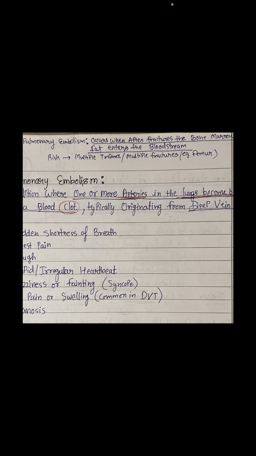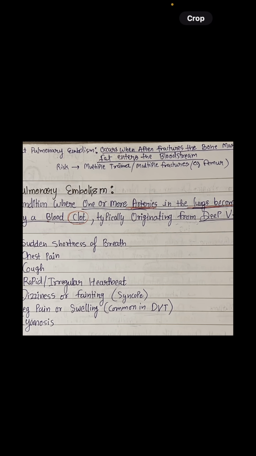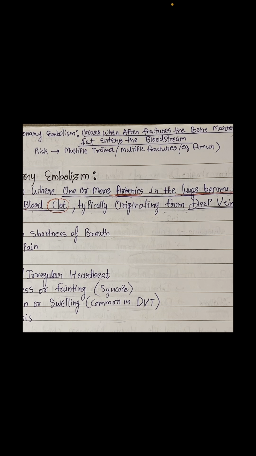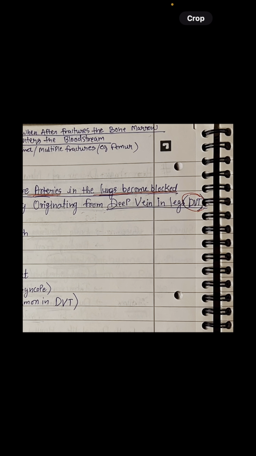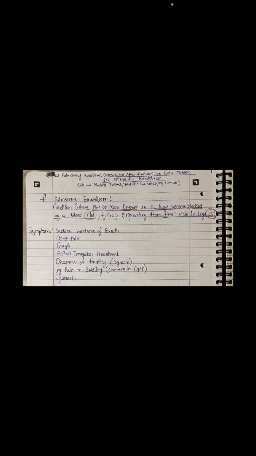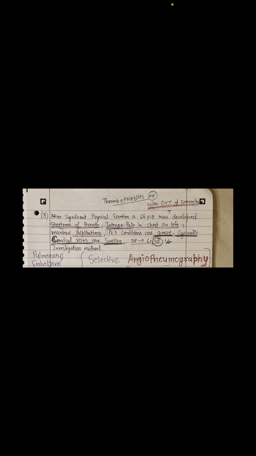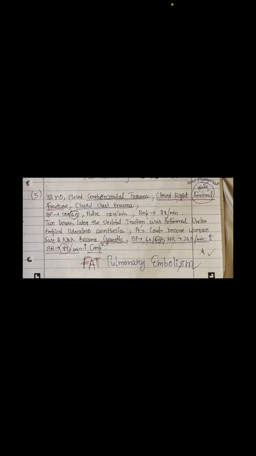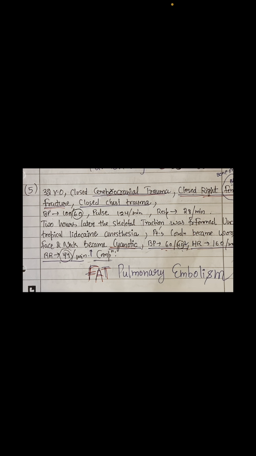Multiple fractures can happen due to trauma. For example, the femur is the largest bone, so if the femur has a fracture, there are a lot of chances for fat embolism. So let's see the question.